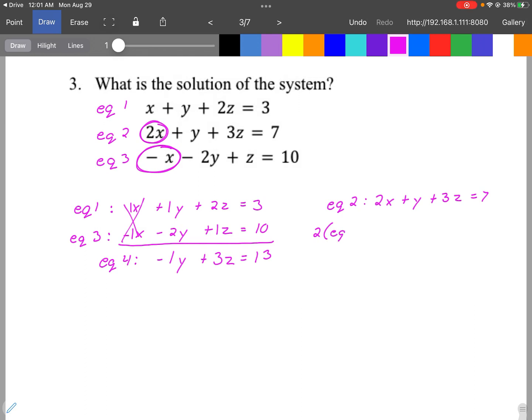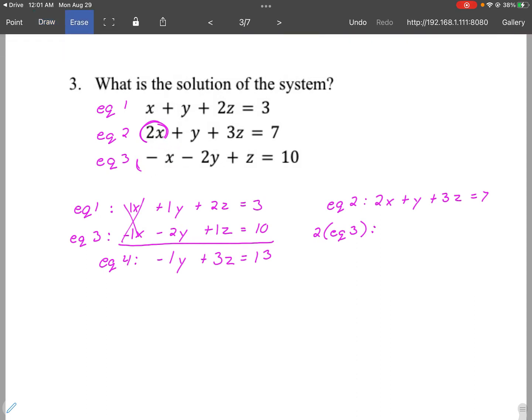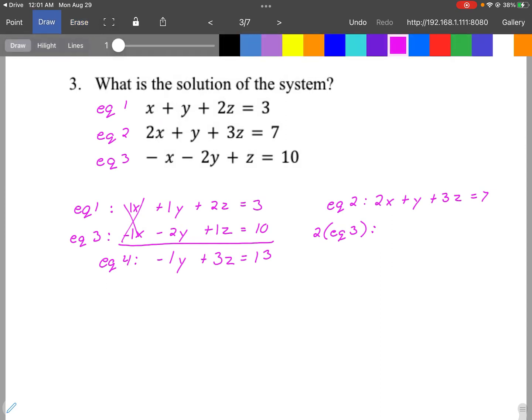So if I do 2 times equation 3, that means I need to multiply everything in equation 3 by 2. So I'm going to go ahead and write that up here.